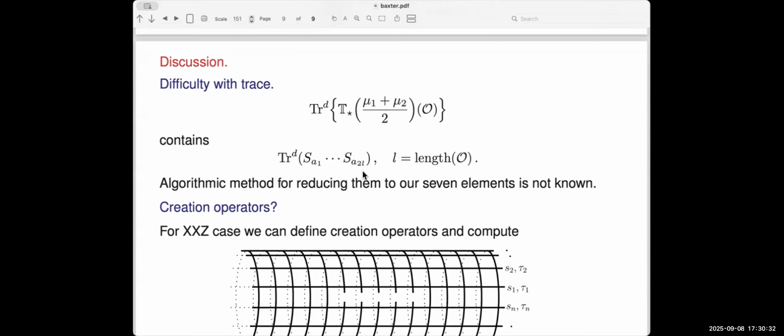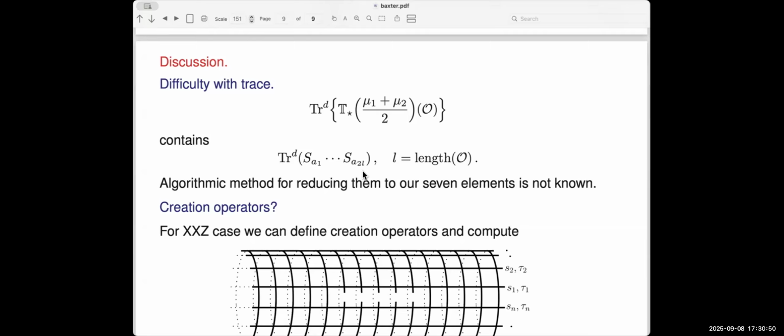As I said, there is a theorem that any element of the Sklyanin algebra, using commutators and Casimirs, can be reduced to our 7 elements.